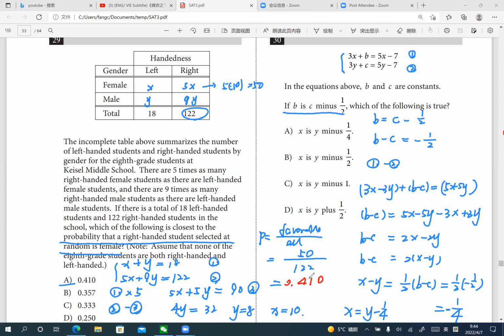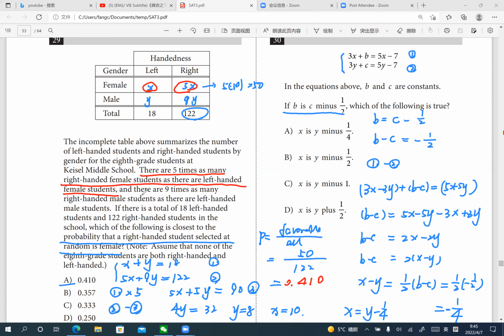From this sentence, we know there are 5 times as many right-handed female students as there are left-handed female students. So if we use X to represent the female left-handed students, 5X should be equal to the number of right-handed female students.